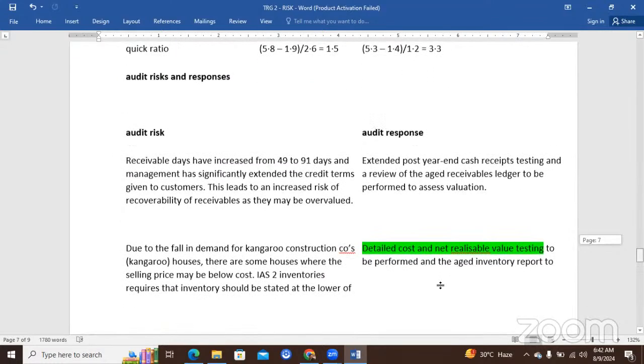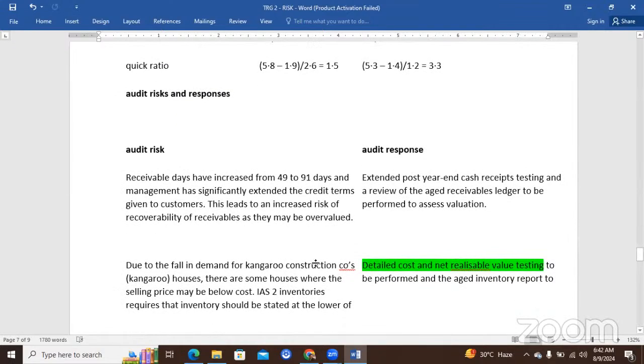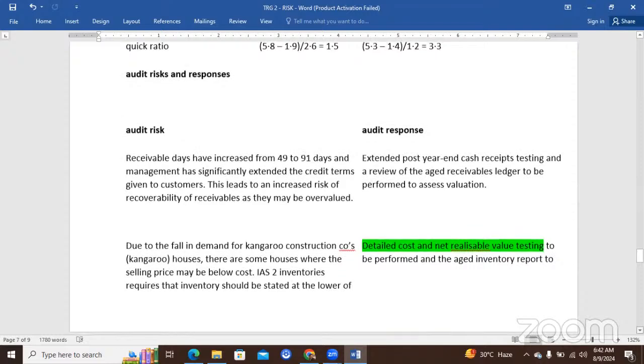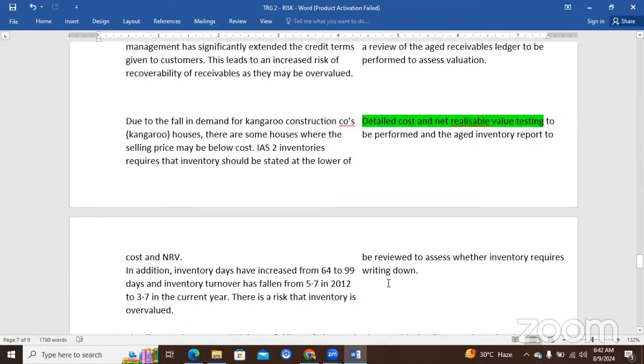Now see here. Due to the fall in demand for Kangaroo construction company houses, there are some houses where the selling price may be below cost. IAS 2 inventory standard requires that inventory should be recognized at cost or NRV, whichever is lower. In addition, see, now I am taking the ARP.